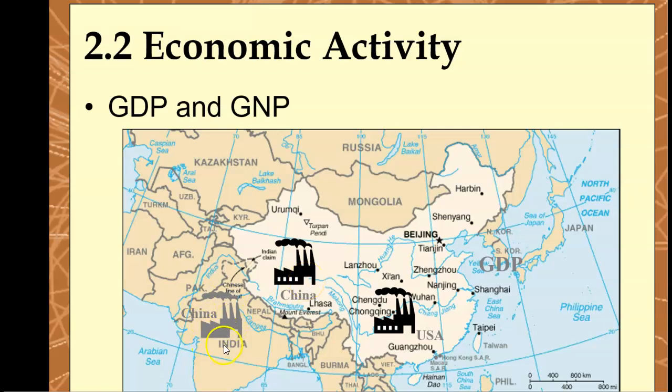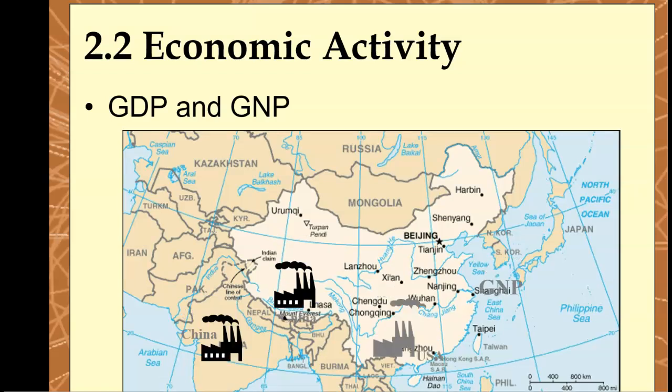And finally, this factory in India is owned by a Chinese national. Now, for Chinese GDP, you only want to count output produced within a nation's borders. So we would count the output coming out of these two factories, but not this factory. Even though this factory is owned by a Chinese citizen, it's not operating within the boundaries of the Chinese country.